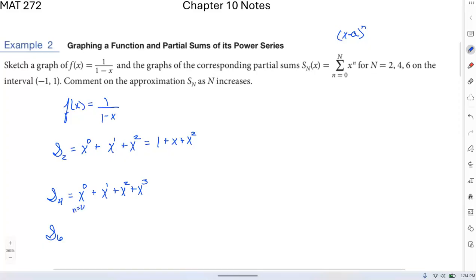Hold on, I'm starting at 0. n equals 1, n equals 2, n equals 3, n equals 4. This was n equals 0, 1, and 2. So S4 is going to be 1 plus x squared plus x cubed.